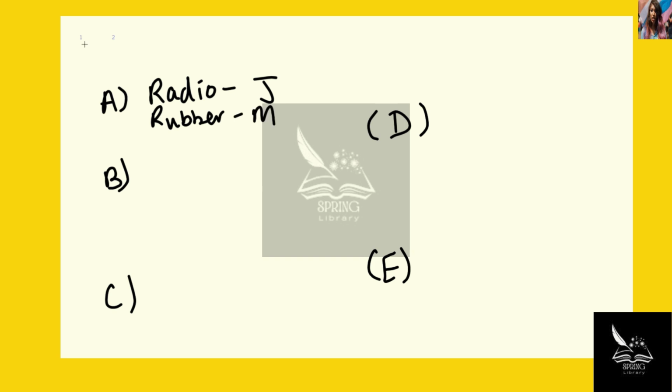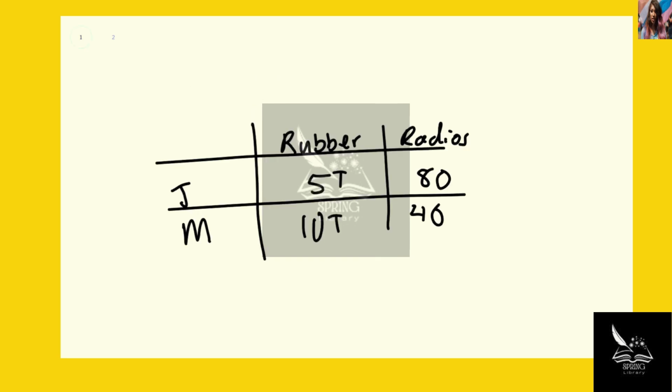Now in part B, we have to find out the opportunity cost of producing 80 additional radios in Japan and Malaysia. So we already know what the opportunity cost of just 80 radios in general is in Japan. So the opportunity cost in Japan would just be 5 tons of rubber.